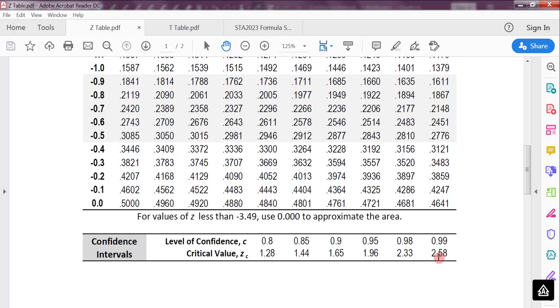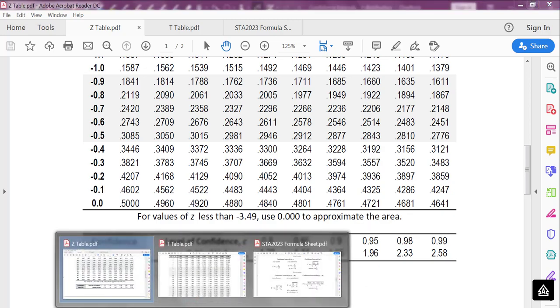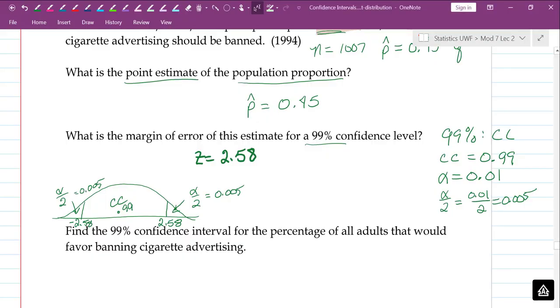I do want you to make sure that you know how to do this because you will be asked to solve this for values that are not listed here on your exam. So you need to make sure you understand how to interpret alpha, look up half alpha, and get your critical values of z.